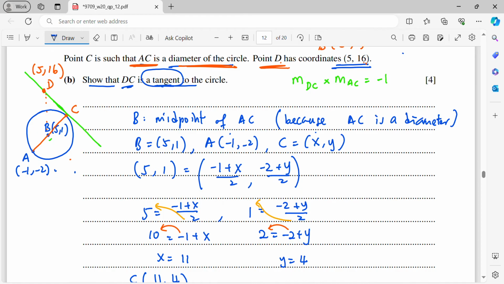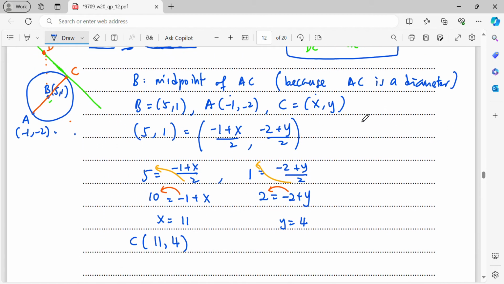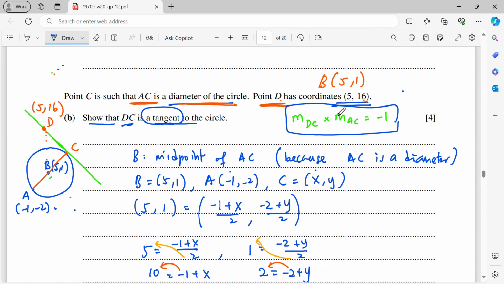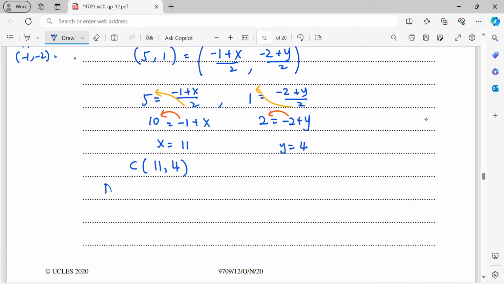Okay, so now look at here. This is the hint to solve the equation. So now I need to find m DC. Okay, D is given 5, 16. So D is 5, 16. C is 11, 4. So the gradient of DC.